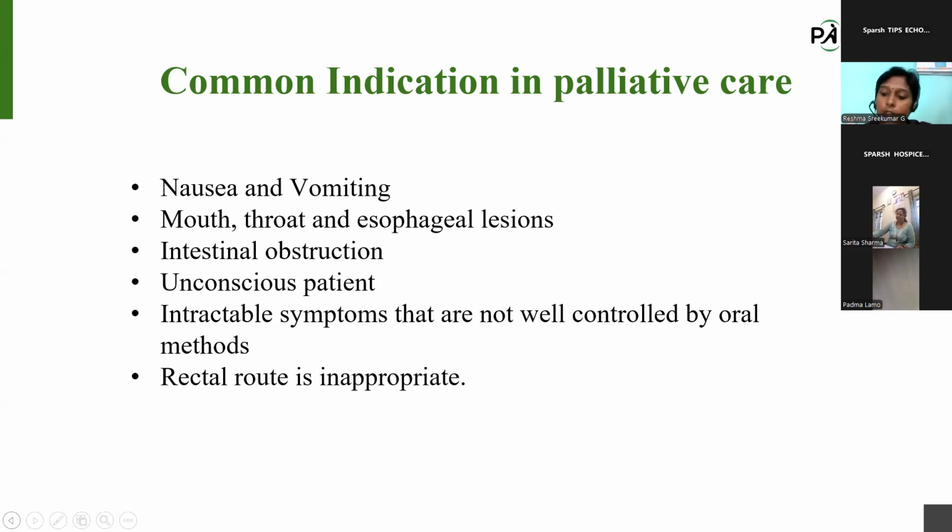So first we should find out what are the possible routes of administration. Here, if the patient is experiencing nausea and vomiting, we know the patient can't take anything orally. If we can give it rectally, we next prefer the rectal route. And if that is also inappropriate or contraindicated for that patient, then we can choose subcutaneous infusions.